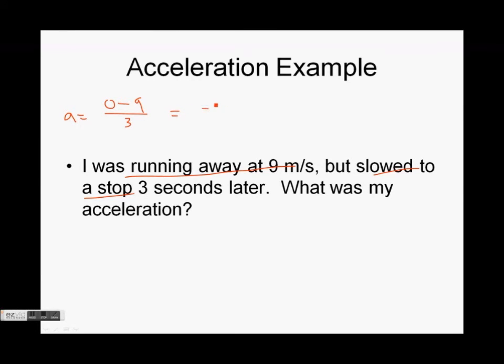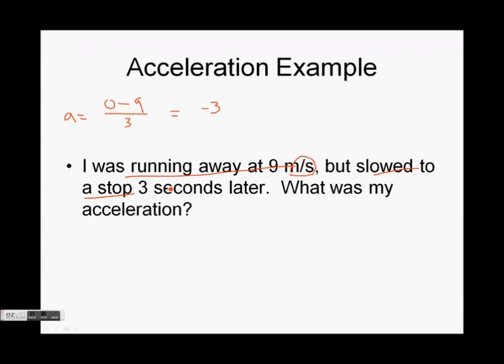I calculate it out, I get -3. Can I have a negative? Well, yes, I better have a negative because I slowed down. I decelerated, so I have a negative acceleration.